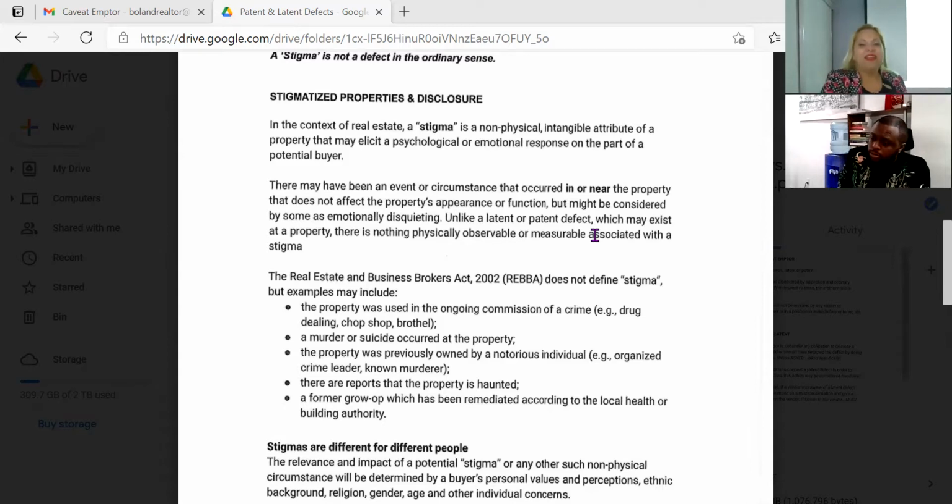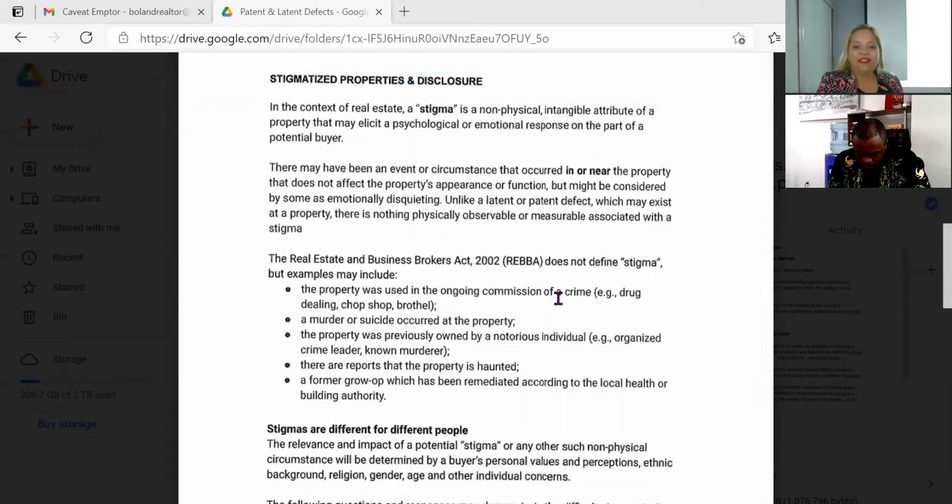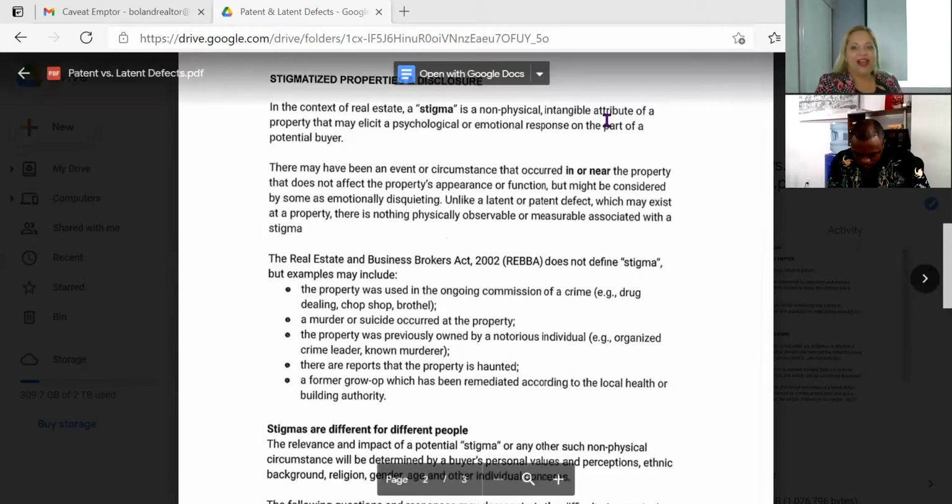Okay, so there may have been an event or circumstance that occurred in or near the property that does not affect the property's appearance or function, but might be considered by some emotionally disquieting. Unlike latent or patent defects, which may exist at a property, there is nothing physically observable or measurable associated with a stigma.